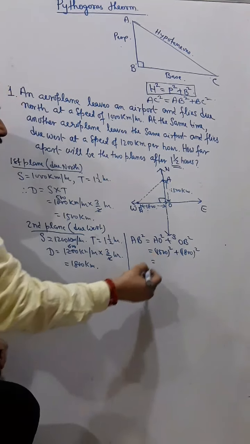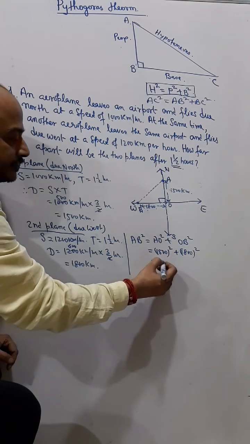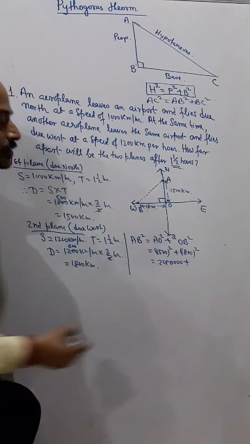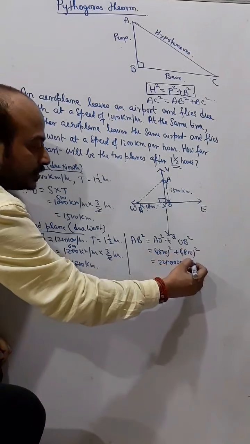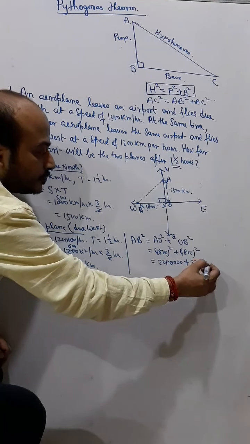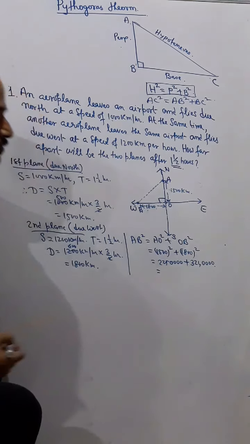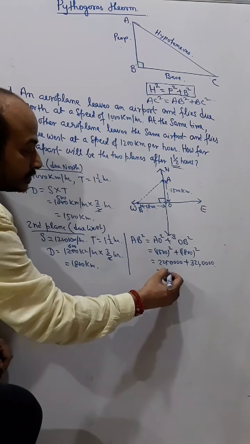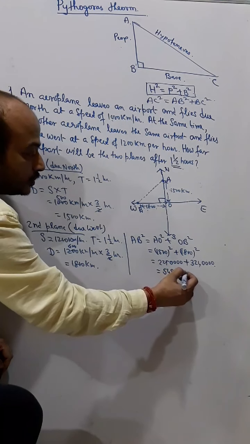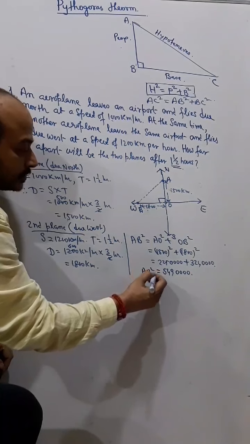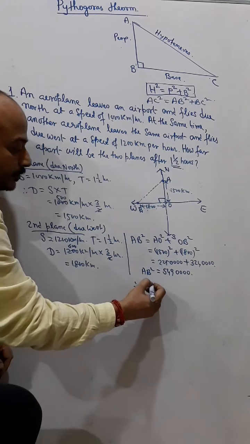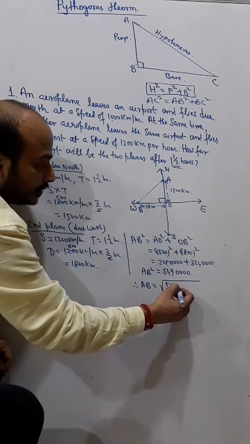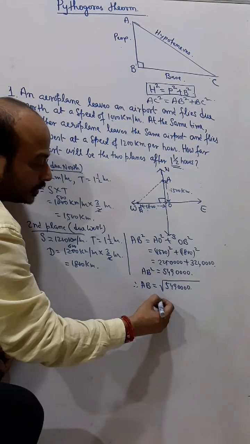Now we have to solve this. 15 square is 225, and for the 20 square you get 40 here. 18 square is 324, and for the 20 you get 40 here. So adding, we get 5490000 as AB square. And therefore finally AB is the root of 5490000.